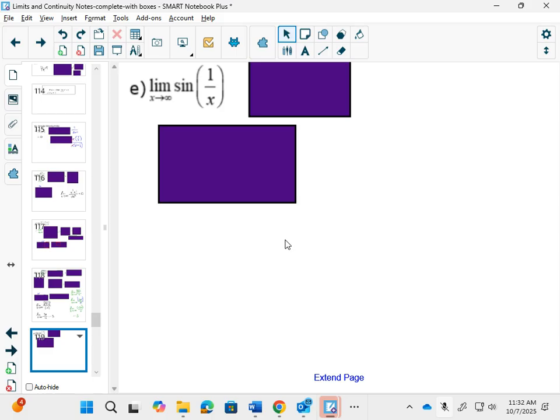Limit as x goes to infinity of 1 over x. Well, 1 over infinity would get really, really close to 0.